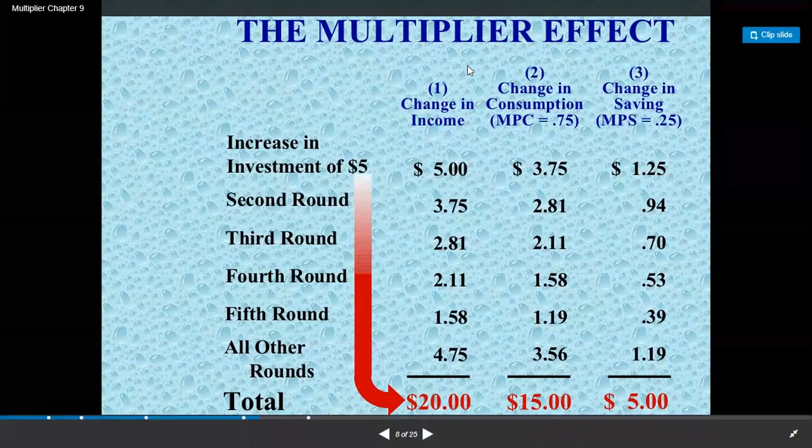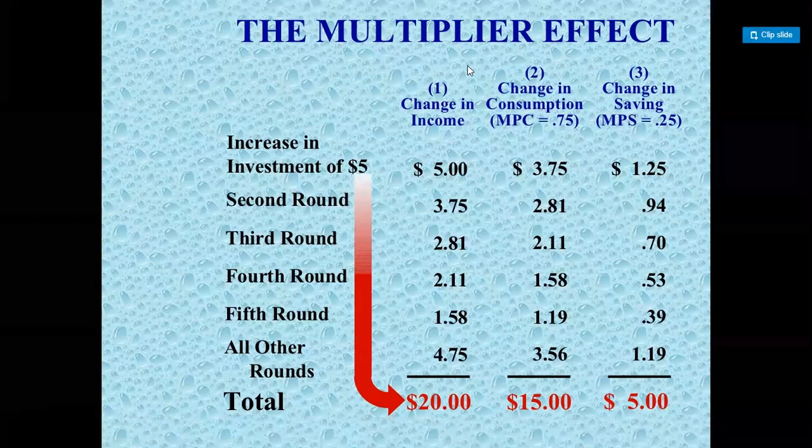Now we discuss the working of the multiplier. The working of the multiplier is based on the fact that one person's expenditure is another person's income. When additional investment is made, the income increases many times more than the increase in investment. Let us understand with the help of an example.